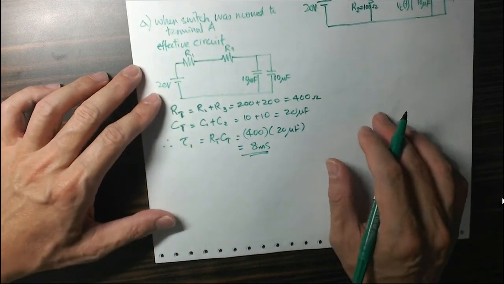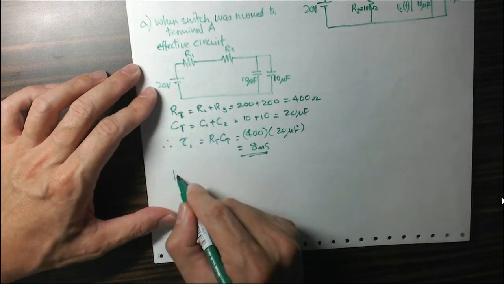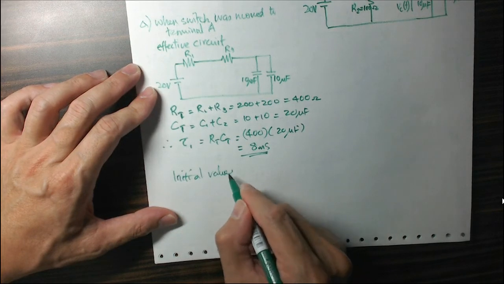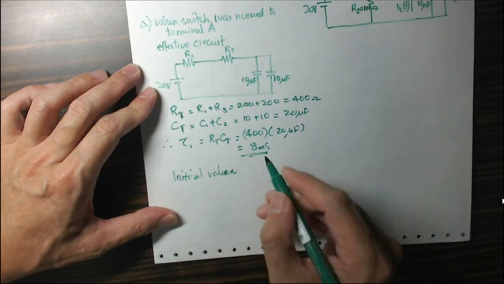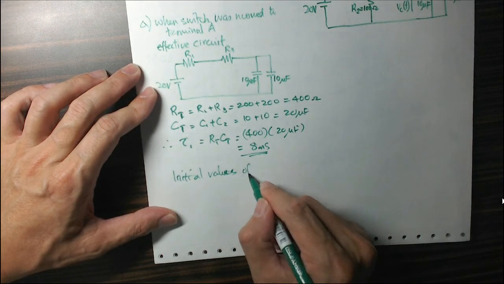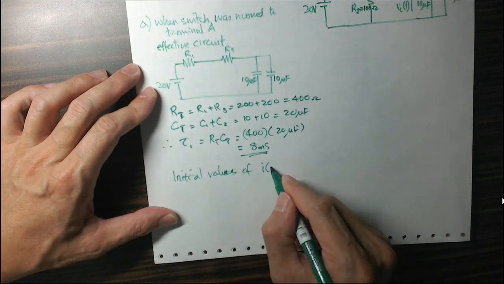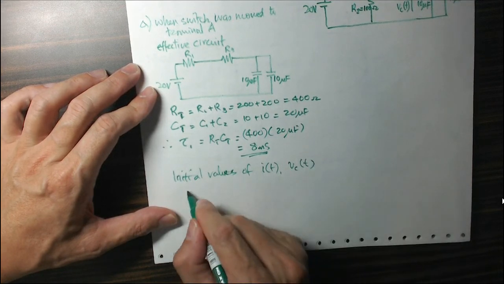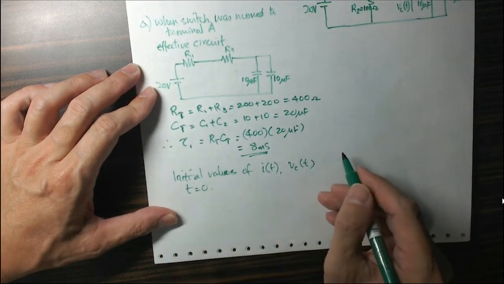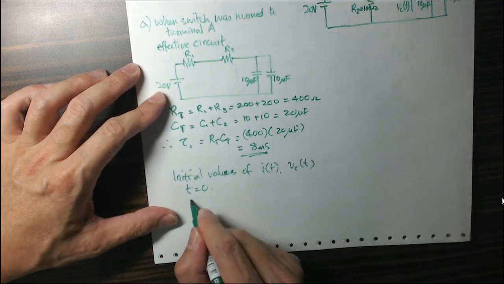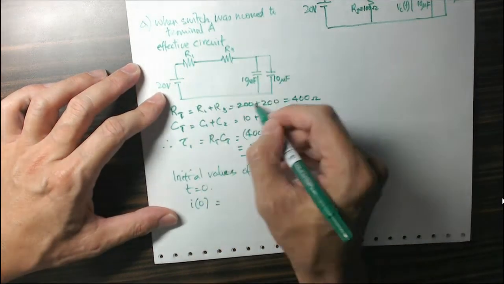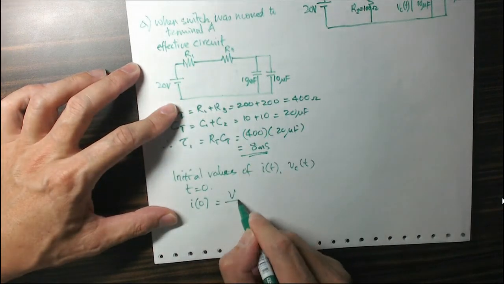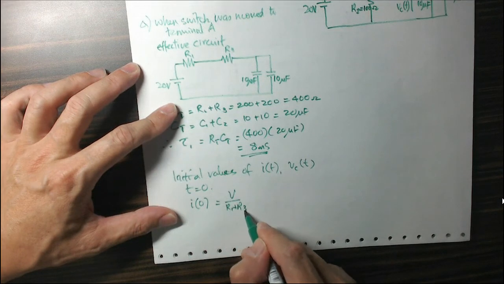Now then, what we want to know is what are the initial values of I and Vc. This means at time t is 0. Now at time t is 0, the current will be just forming, so it will be just V over R1 plus R3.